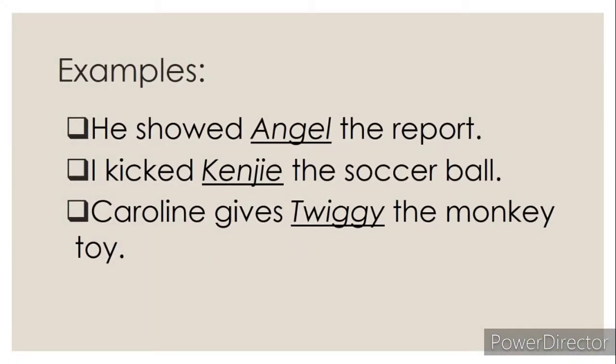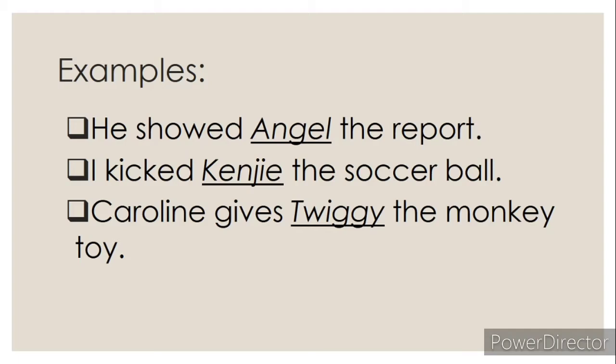He showed Angel the report. Okay. To whom he showed the report? To Angel. So here, Angel is our indirect object. Next one. I kicked Kenji the soccer ball. To whom did I kick the soccer ball?